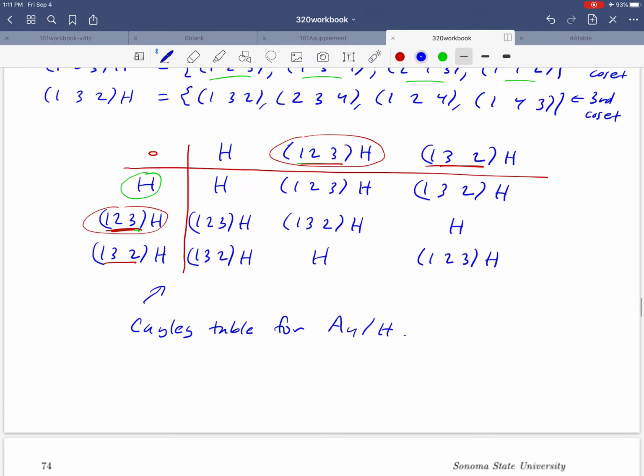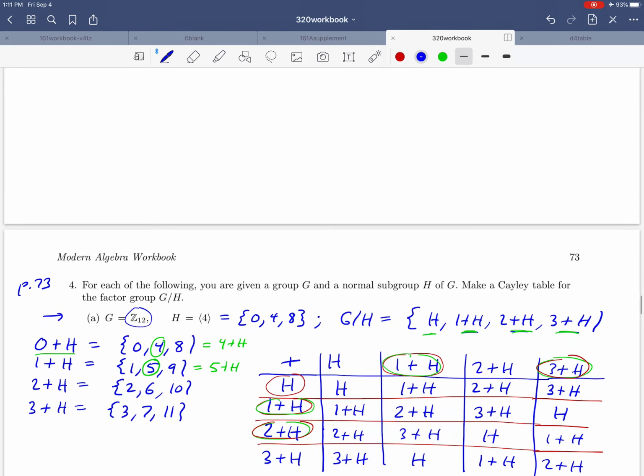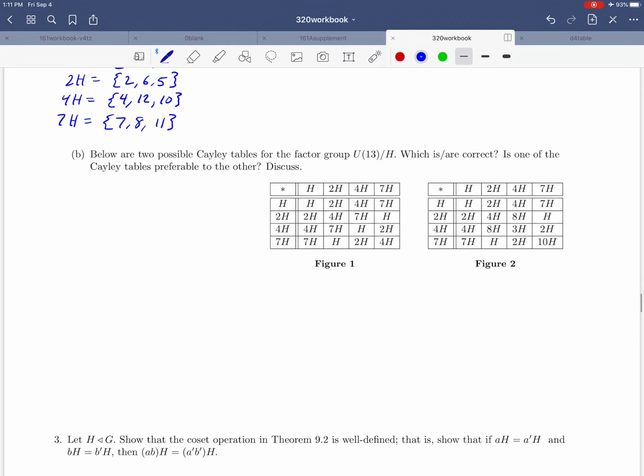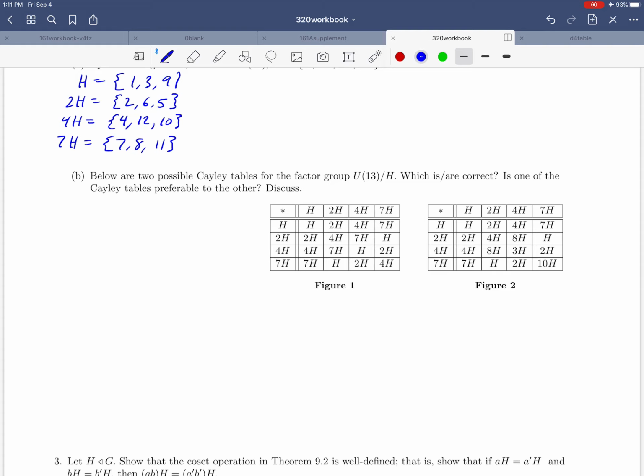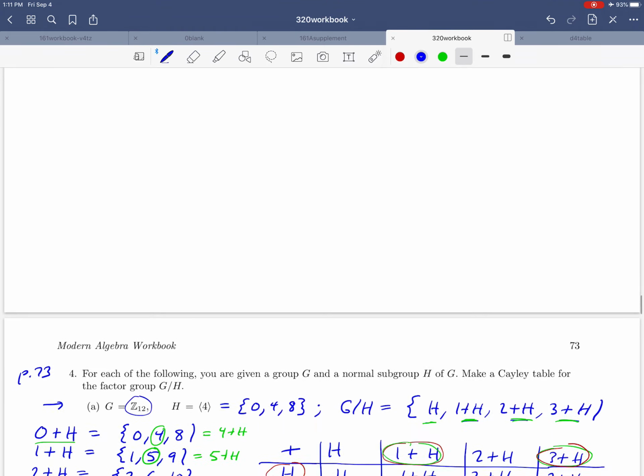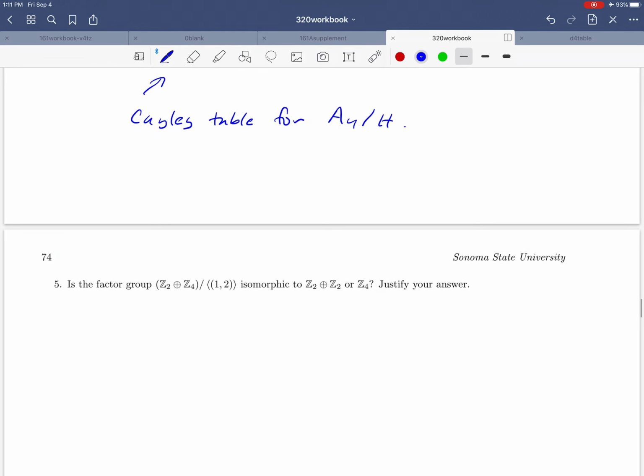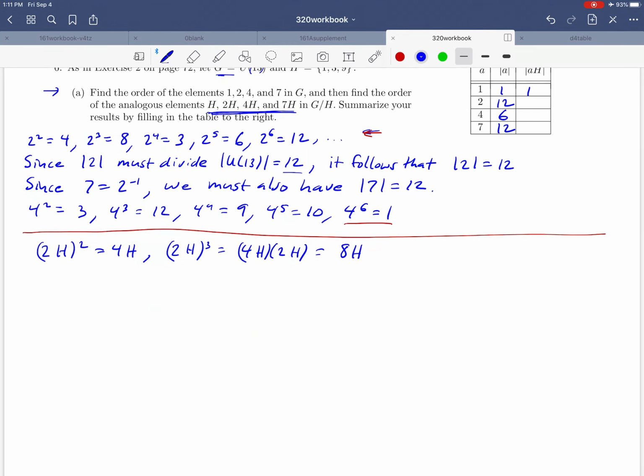So if you'll bear with me, we'll scroll back to that. Okay, 4H times 2H is actually 7H. Turns out that that coset is equivalent to 8H. Okay, so back here. This is really equal to 7H. That's not the identity, which means that we need to keep going here.